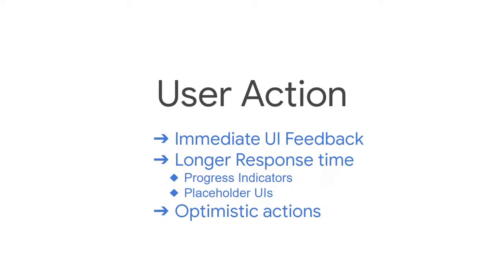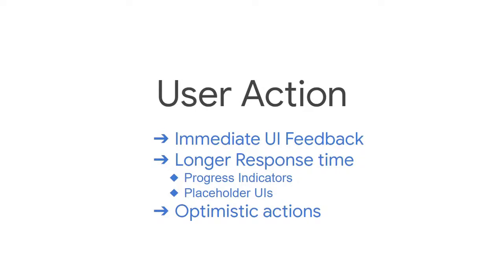And the second kind of feedback that you can maybe give is having a longer response time. For scenarios where you need to fetch some data, get more details about the product, maybe you need more than 10 seconds, for example. In that case, what are you going to do?